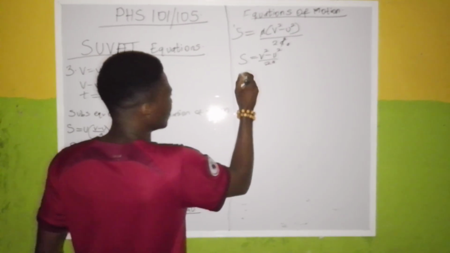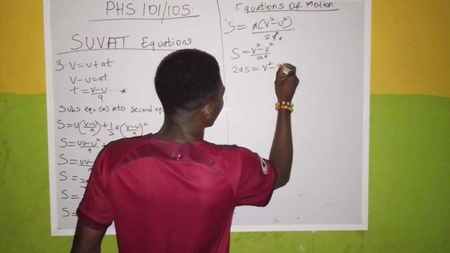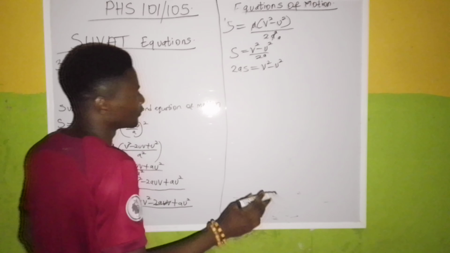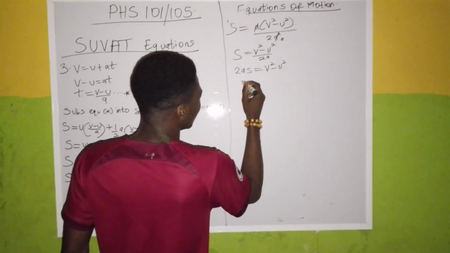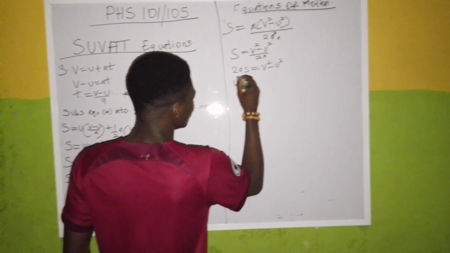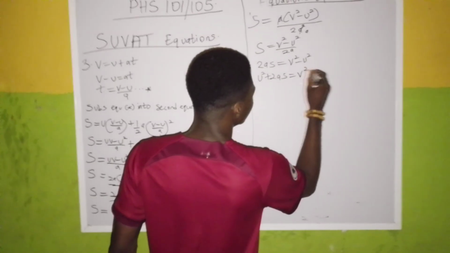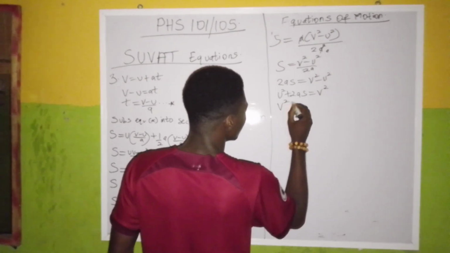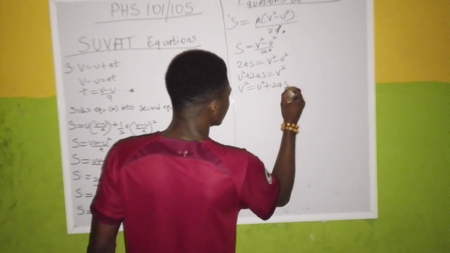If we cross multiply, we have 2as equals v squared minus u squared. If we make v squared the subject of the formula, u squared comes over here, and we have u squared plus 2as equals v squared, which is basically v squared equals u squared plus 2as.